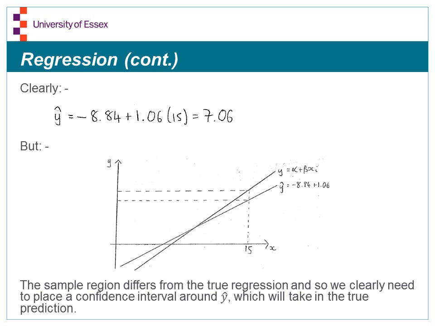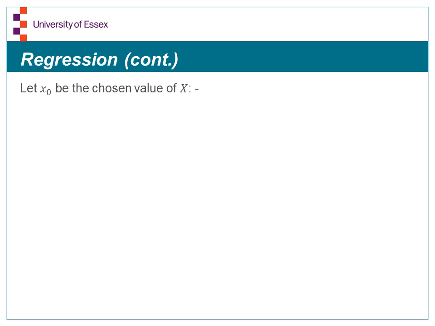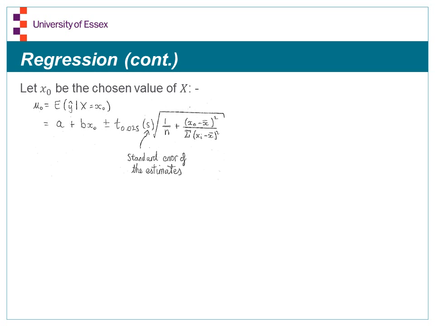I'm not going to run through all of the maths in great detail where it all comes from, but I just want to demonstrate that this is something that we do have the ability to do. So if we had a chosen value of x0 and I wanted to put some window around it, then it's going to be what's the expected value of y hat given that x is equal to x0, and I can calculate it by saying a plus b times x0.